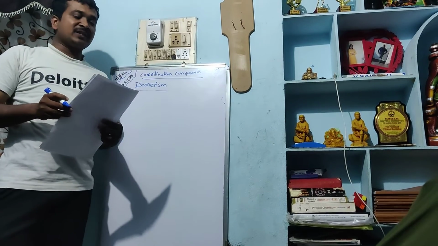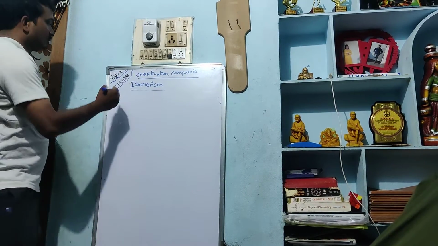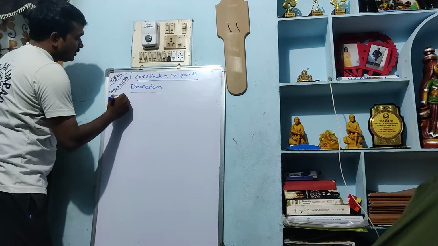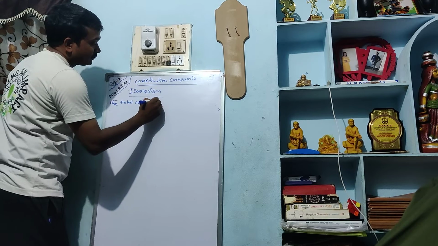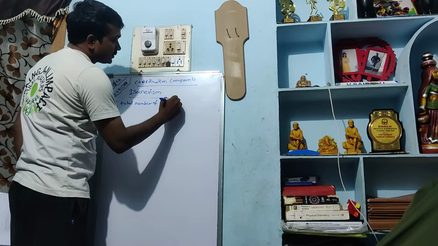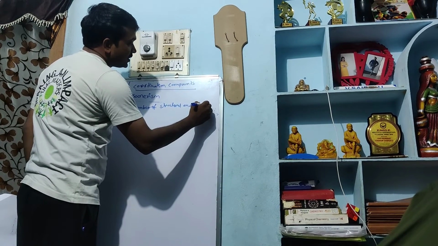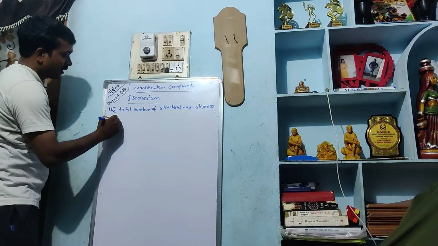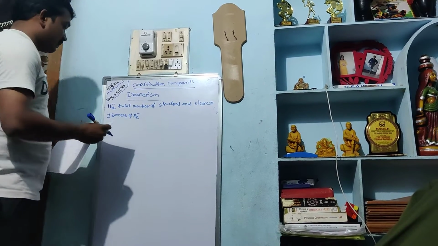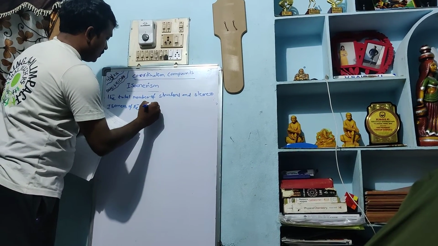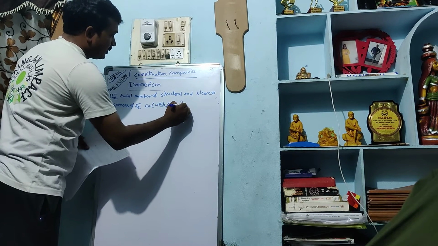The first question is: the total number of structural and stereoisomers of the cobalt tetraammonium dicyanide nitrate.